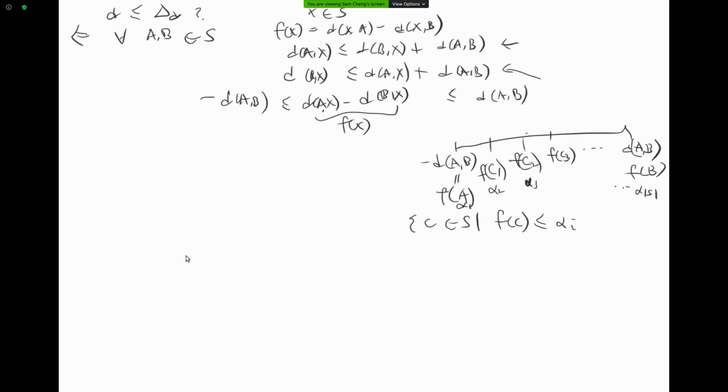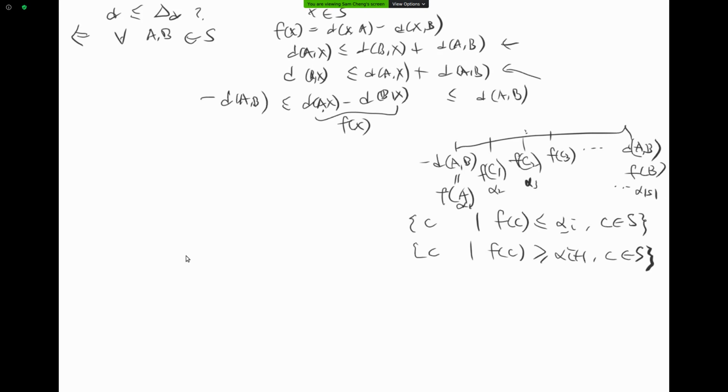Either they have values f(c) less than or equal to some alpha_i, or f(c) bigger than alpha_{i+1}. Actually, maybe it's more canonical to write it a little differently. Yeah, so that would be two sets. This is exactly a split, right?